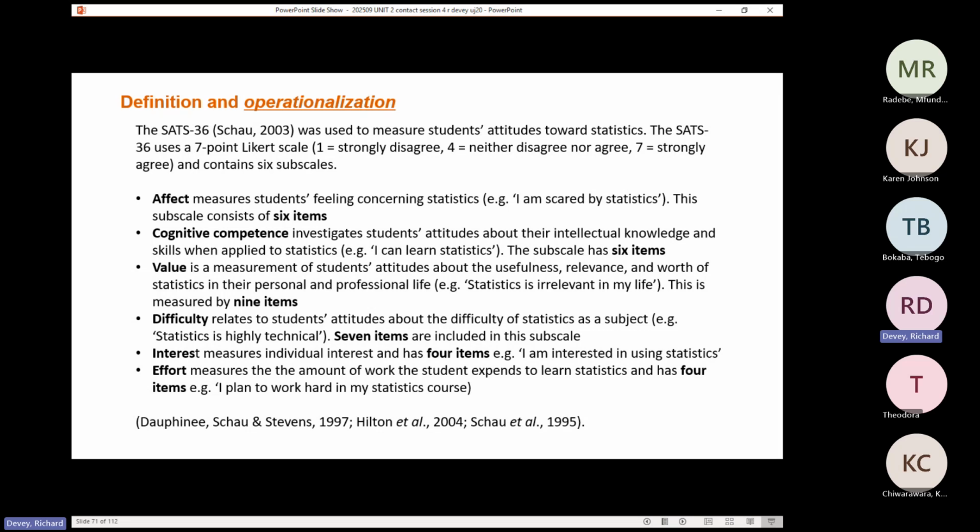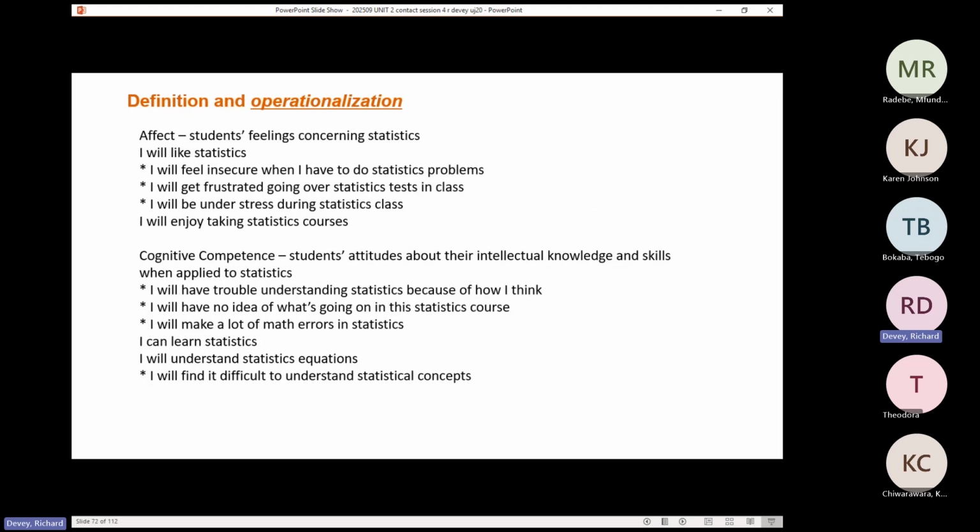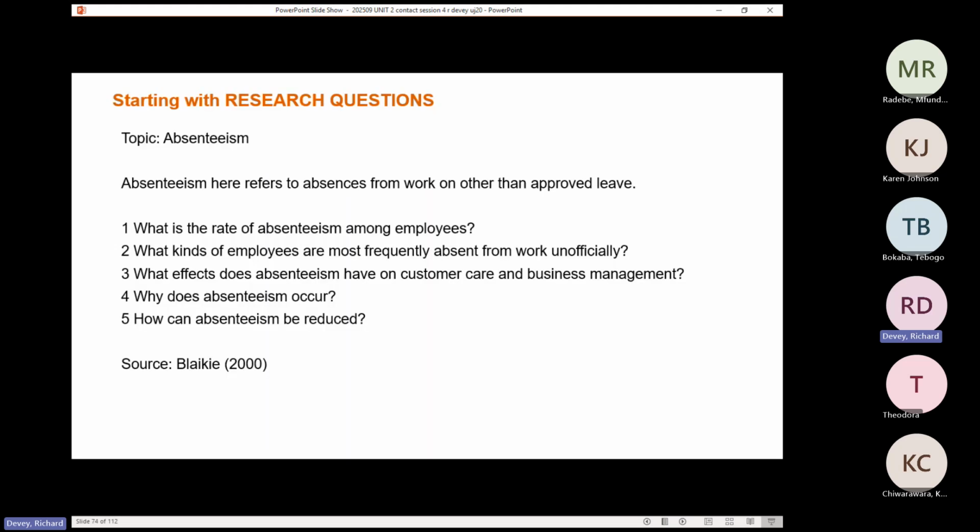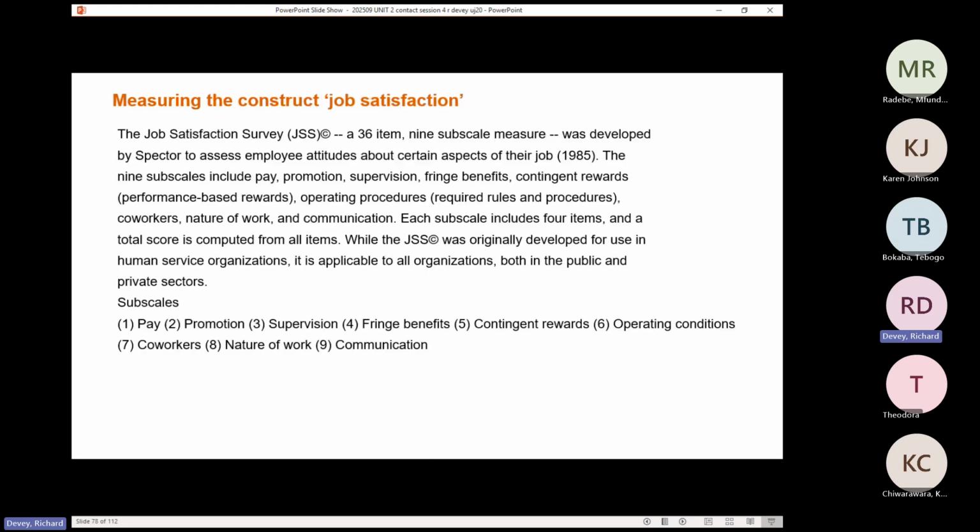So you don't have to. It depends on your focus, what you want to measure. But you don't have to necessarily measure every dimension of the scale. And the same thing for these job satisfaction scales. You might only be interested in pay, supervision, and contingent rewards, not so much operating conditions.